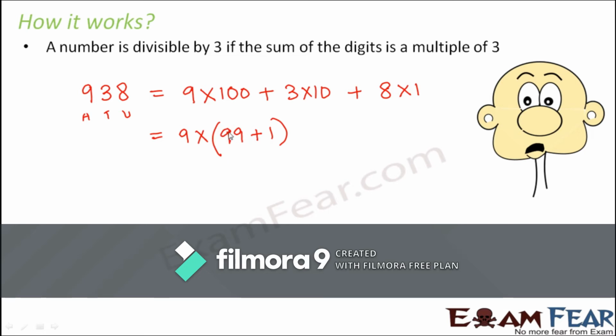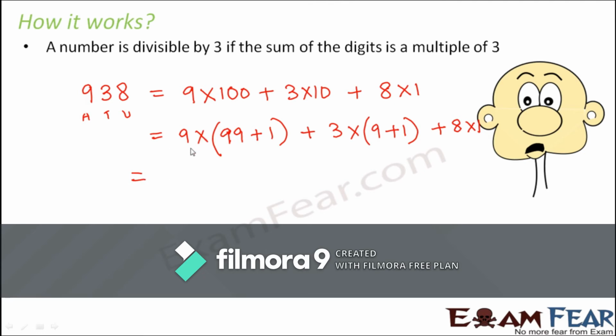Since 100 is very near to 99 and we know that 99 is a multiple of 3, therefore we have broken it in this fashion. So here we have taken that one number as 99. So 99 plus 1. Similarly, here 10 can be written as 9 plus 1 and we leave 1 as it is. So this is how we have rearranged the expansion.